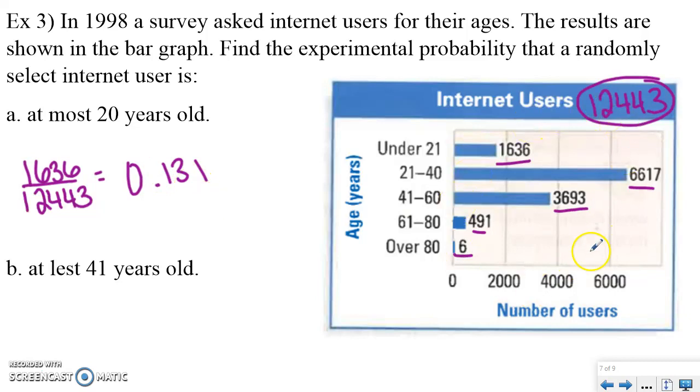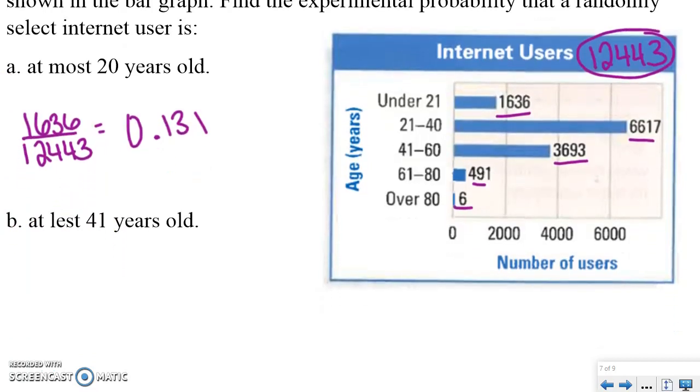So if you selected somebody at random in this group out of the 12,000 people, it is not very likely in this survey that the internet user is under 21, or at most 20. Now keep in mind, this is a really old survey. Good for a laugh because most of you, actually all of you, weren't born yet.